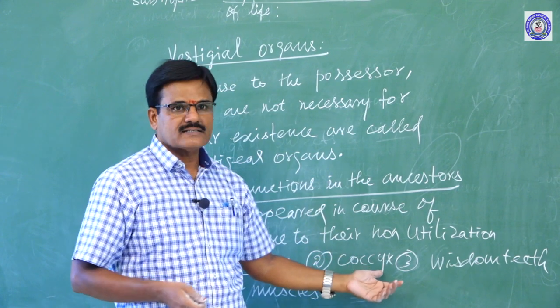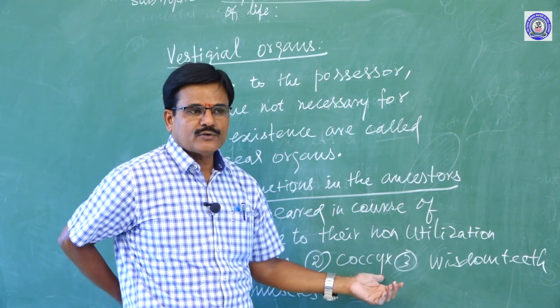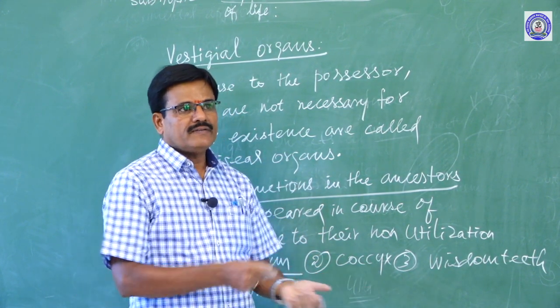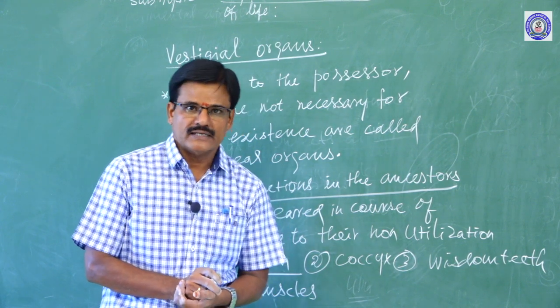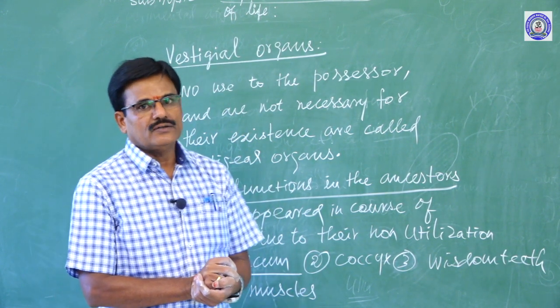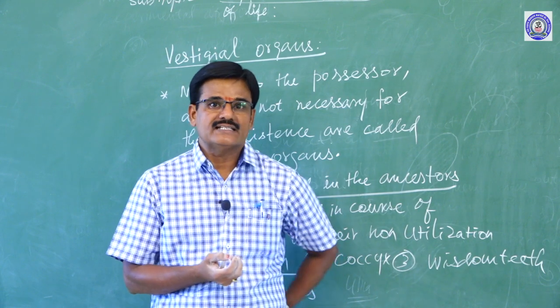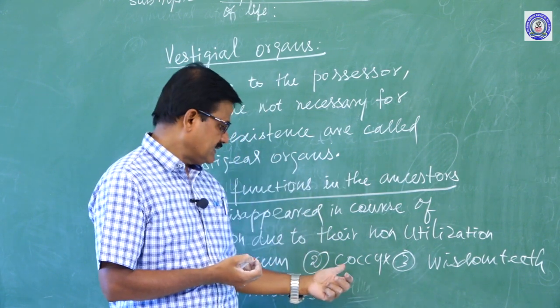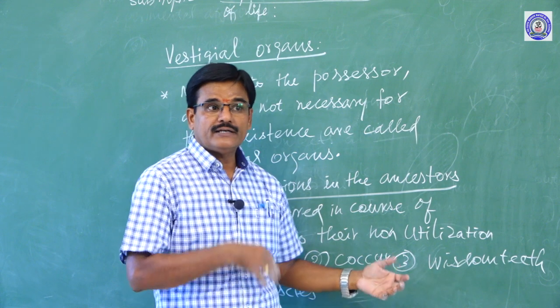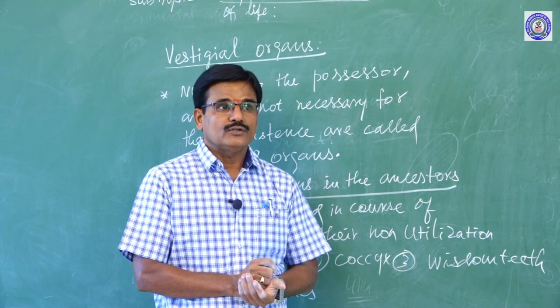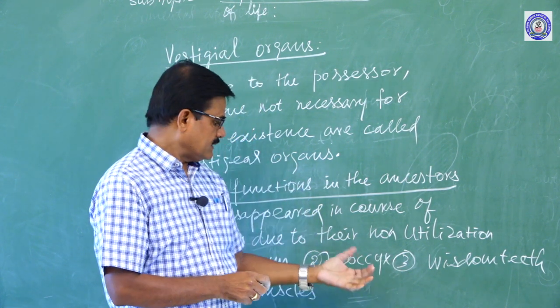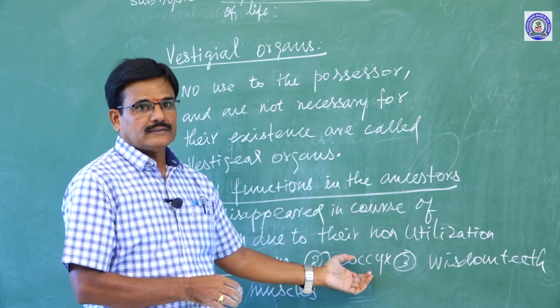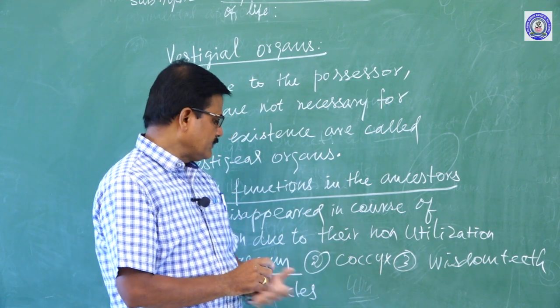Like that, the coccyx. Coccyx is said to be the tail bone. Previously, human beings came from the monkey. Monkeys have tails, the tailbone is present, that is the coccyx. But in the course of evolution, the human being's tailbone is absent. So, another example is the coccyx.